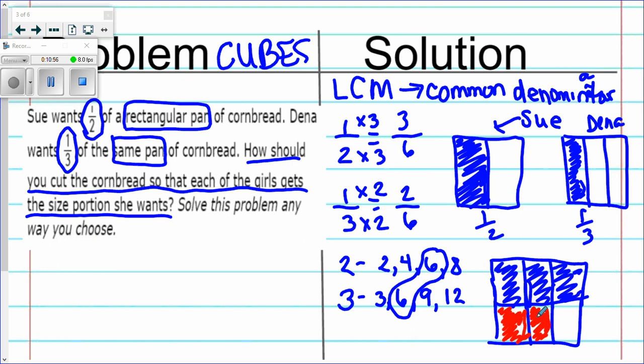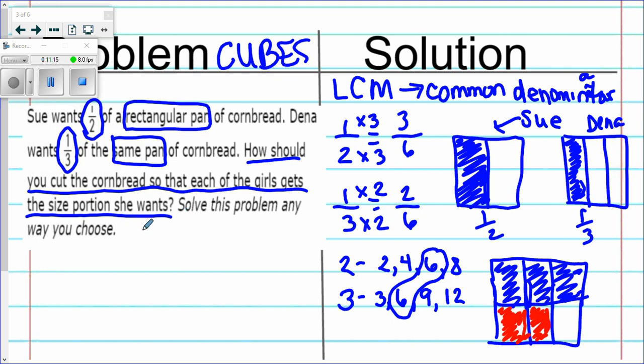So that would be a way in real life where I could give one person half of the pan of cornbread and another person a third of the pan of cornbread. Now, what they were really wanting us to answer is how should you cut the cornbread so that each girl gets the size portion that she wants?